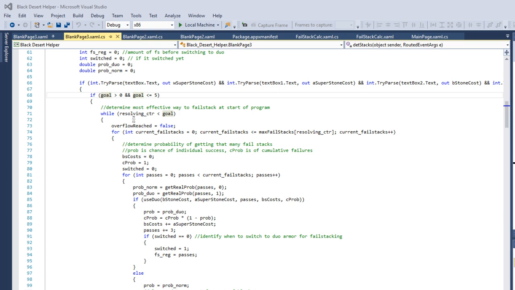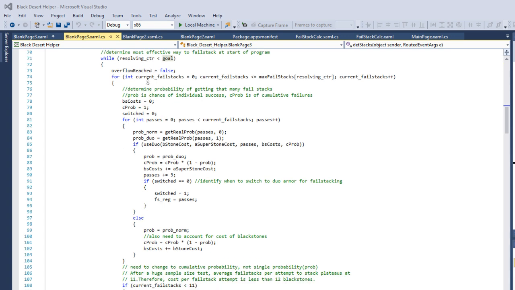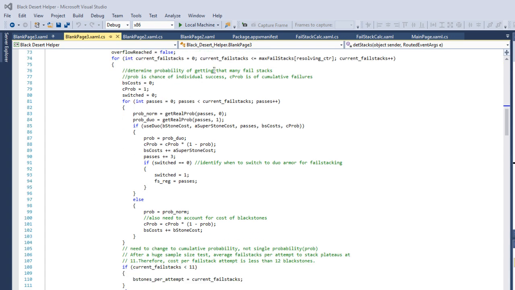So anyway, you start the loop here, and basically it starts at 0, so you have a while loop, and that while loop has a for loop, and in the for loop, basically what it does is it determines the probability of you getting to a given amount of fail stacks based on the path that the program decides to take.